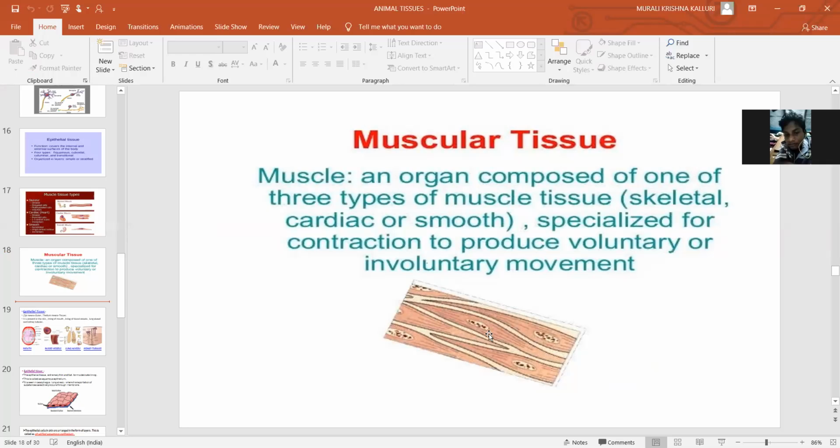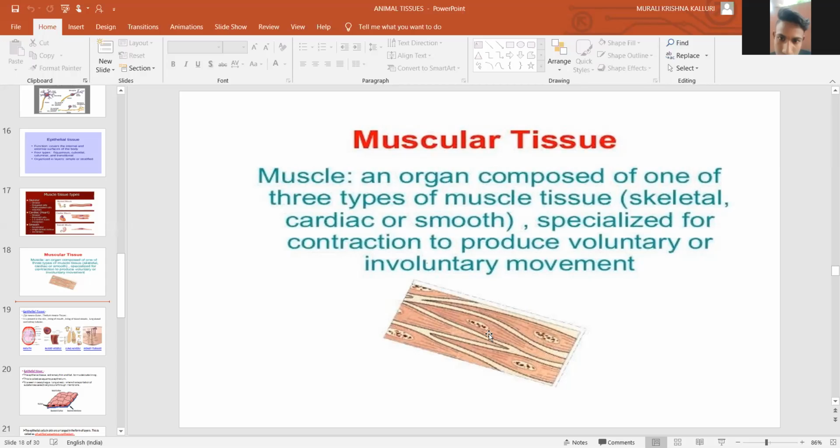It is specialized for contraction to produce voluntary or involuntary movement. An example of involuntary movement is the heartbeat.